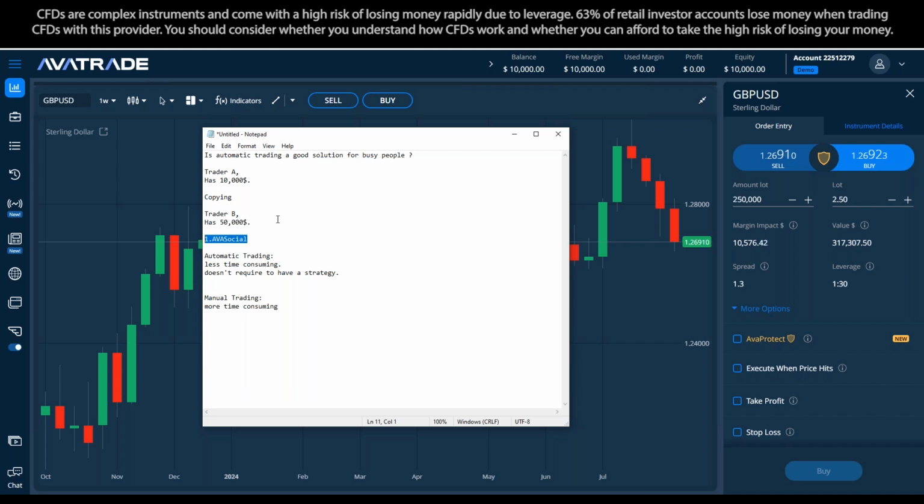So if I'm following trader B, and now I get, let's say, 2%, and then I can, let's suppose, copy trader C as an example, and then I can get 5%.